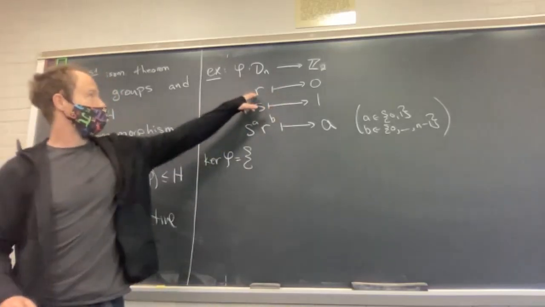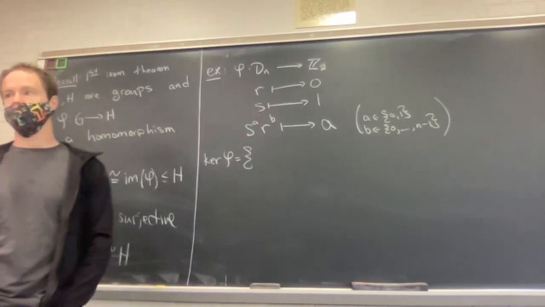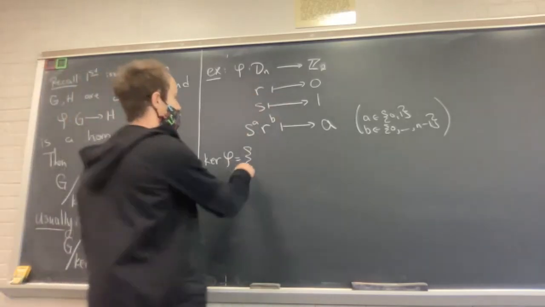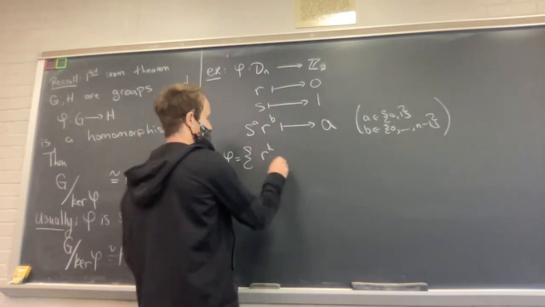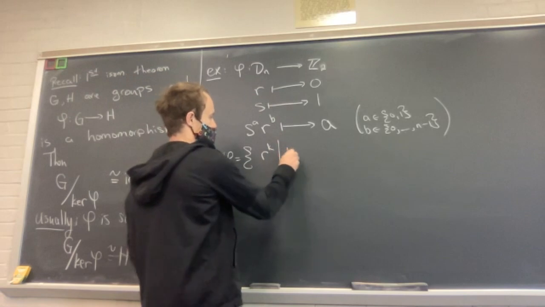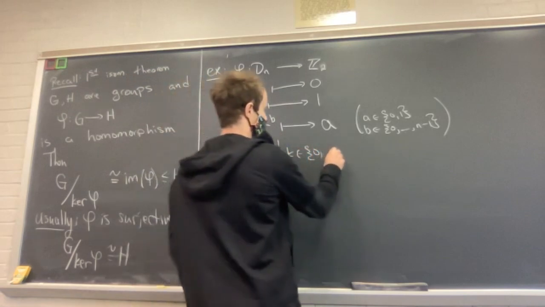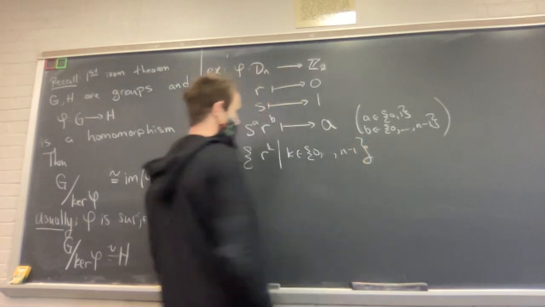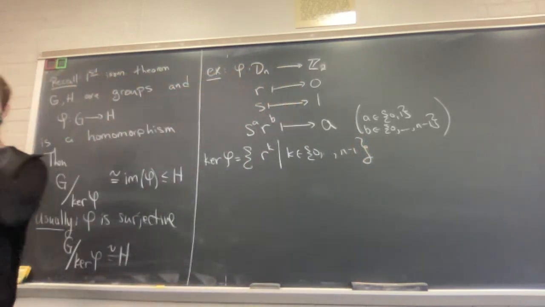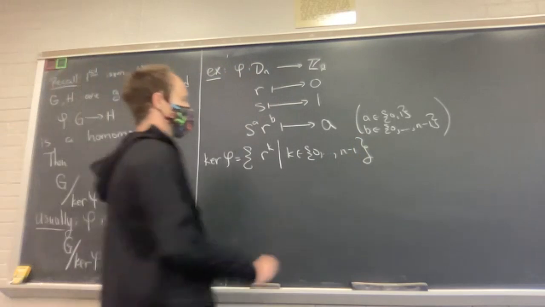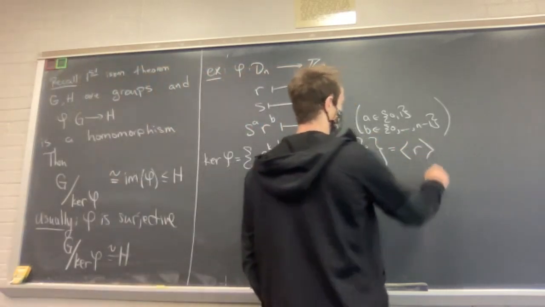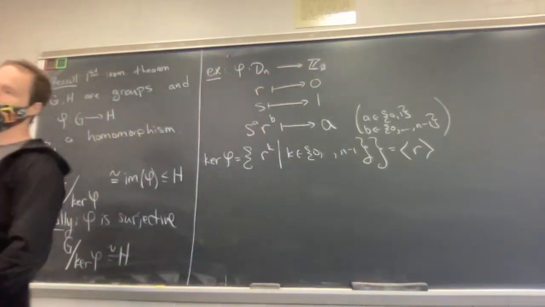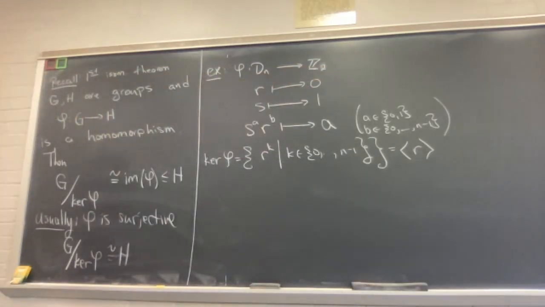But notice that's going to be all powers of R. So that's going to be R to the K for K in the set 0 to n minus 1, just by the definition of our mapping. But notice that that is the same thing as the cyclic subgroup generated by R, right? So the kernel of phi is the cyclic subgroup generated by R.